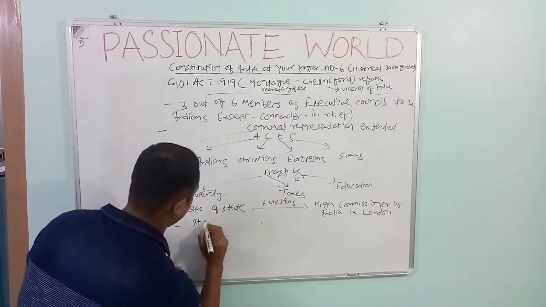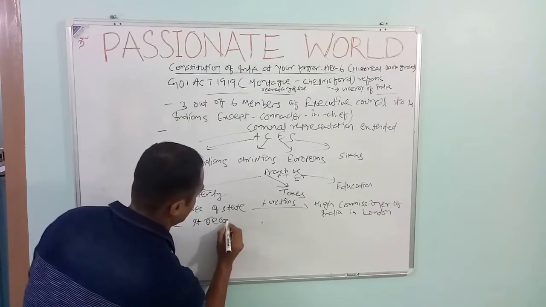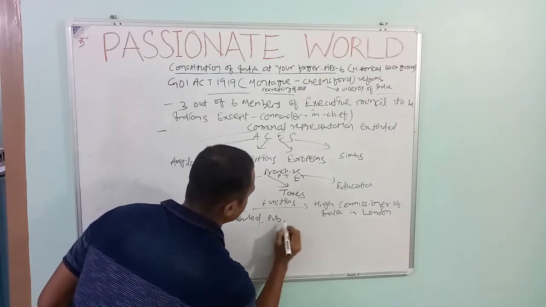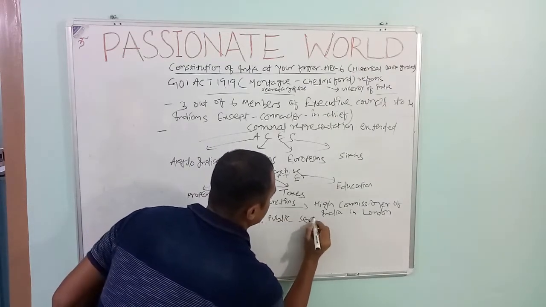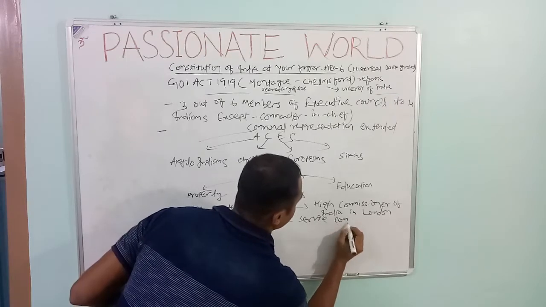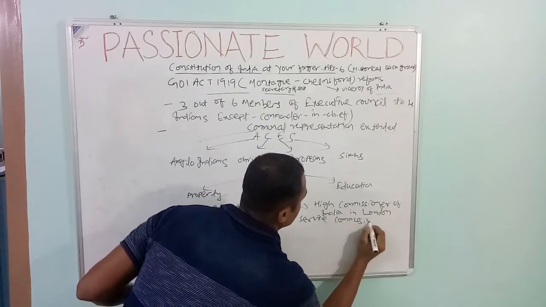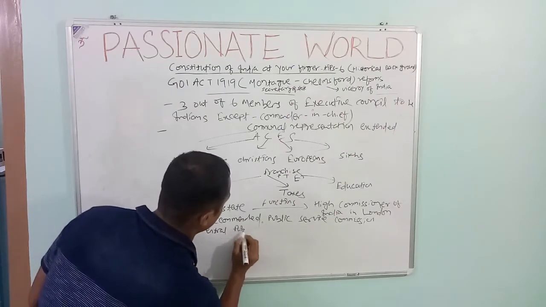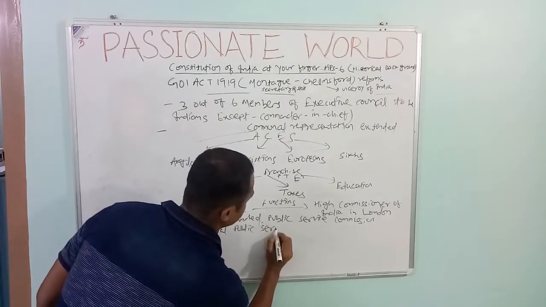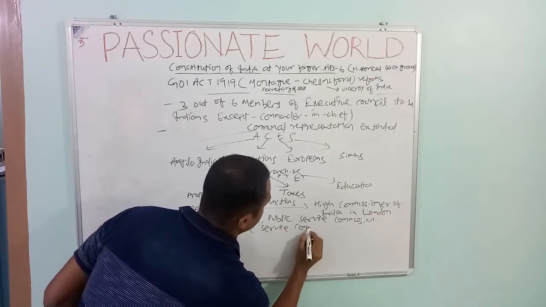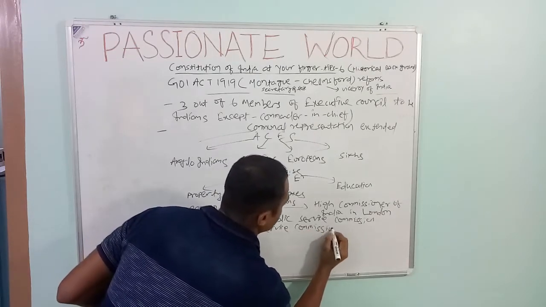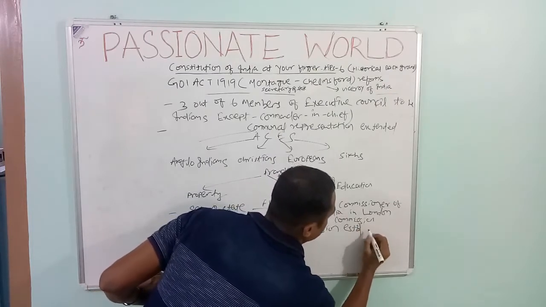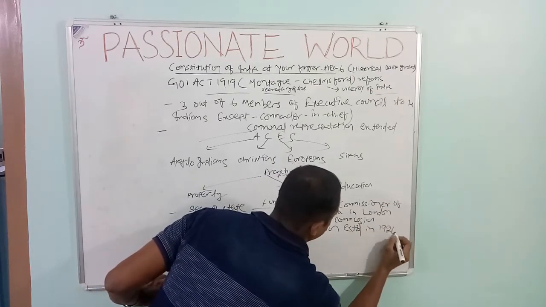Then it recommended a Public Service Commission, and the Central Public Service Commission was established in 1926.